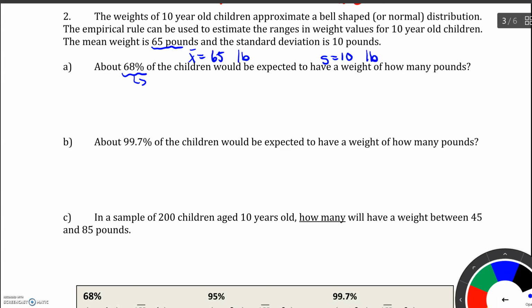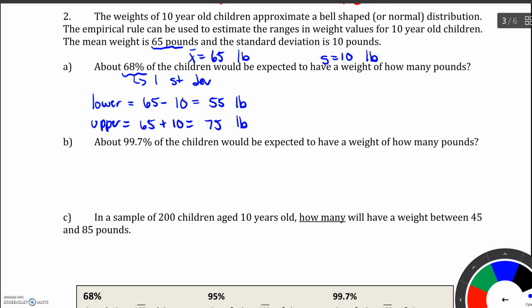Again, 68%, that means we're 1 standard deviation from the mean. So our lower limit is the mean minus 1 standard deviation, so that would be 55 pounds. The upper limit is the mean plus 1 standard deviation, so that would take us to 75 pounds.